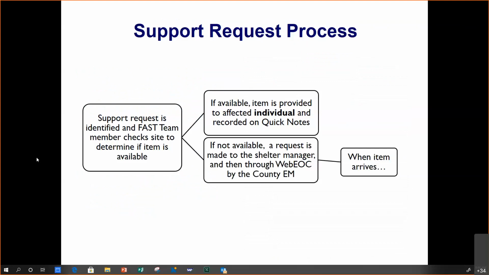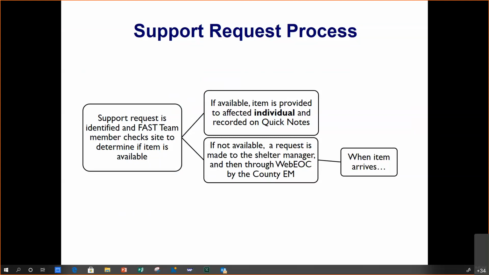So here's a basic look at how a request process is done. You'll identify a resource that is needed. You'll check with your team lead or the site manager or the shelter manager, or whoever the manager deems as their point of contact, to determine if the item is available on site.